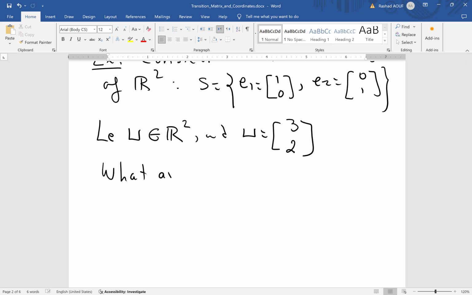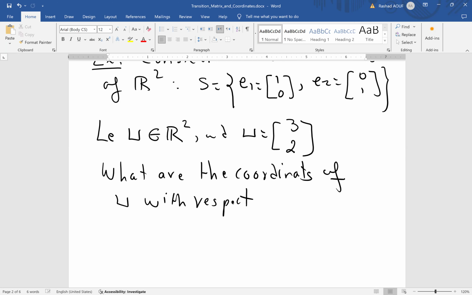What are the coordinates of u with respect to S?